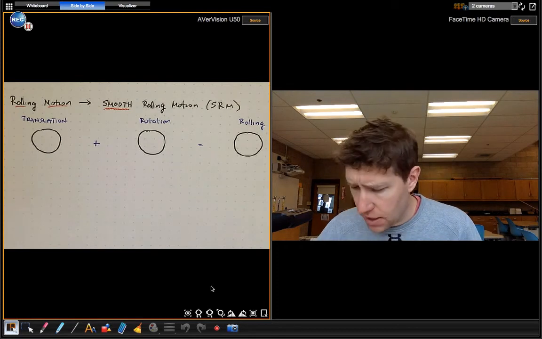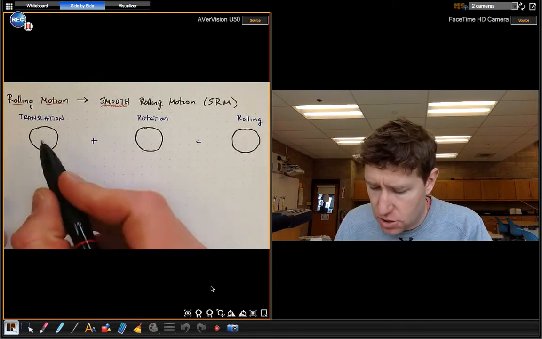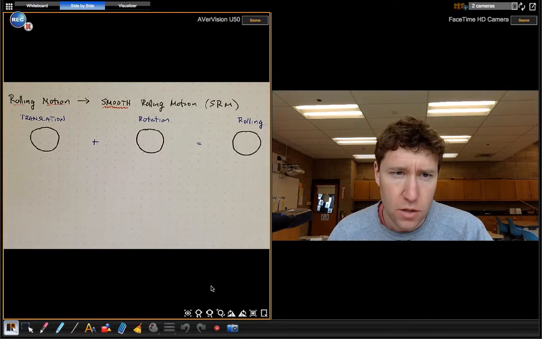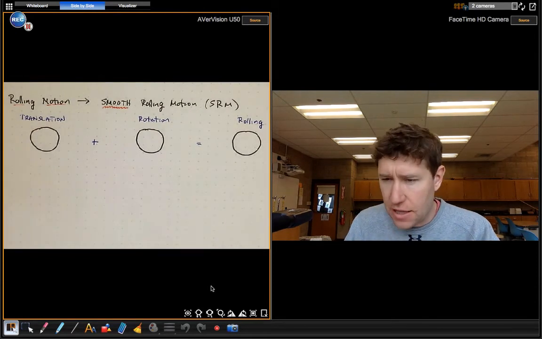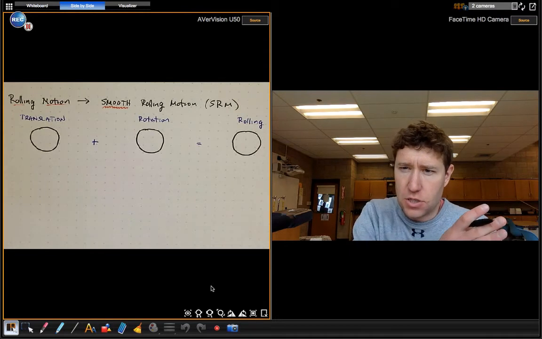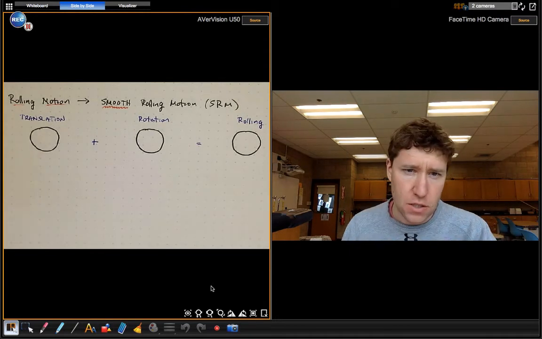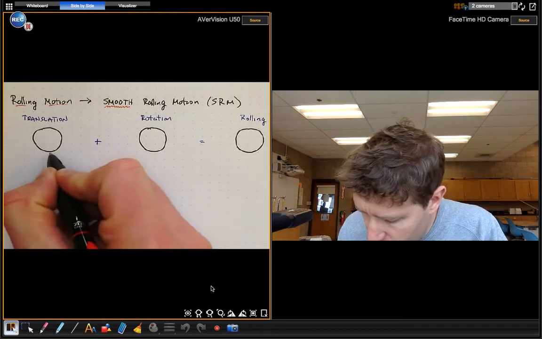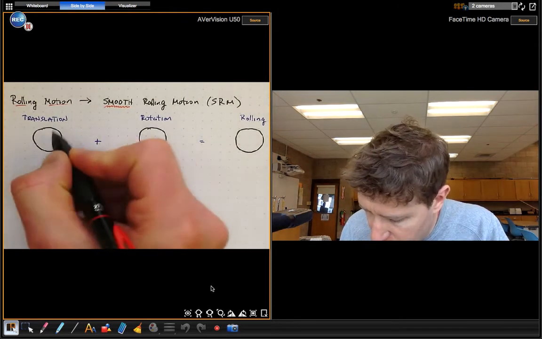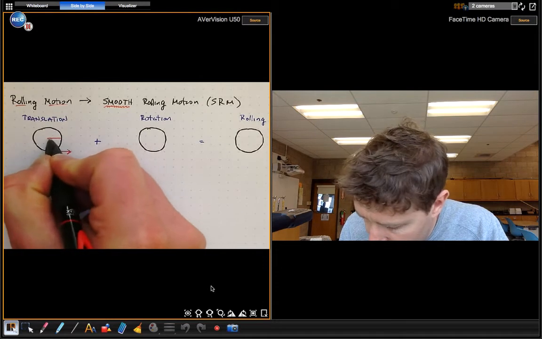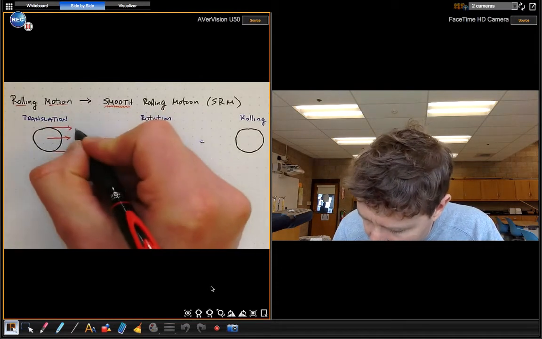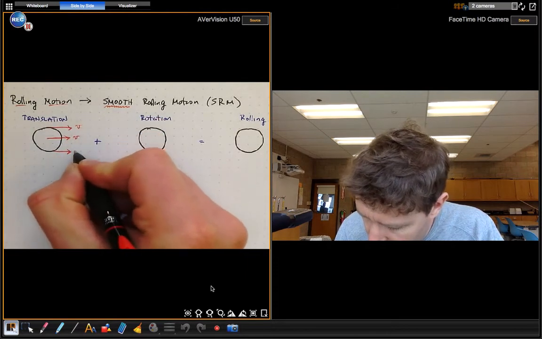The way we might think about this is to imagine a hoop, like a bicycle wheel. If it were translating, imagine a hoop that's just sliding on a frictionless surface, so there's no rotation whatsoever. It's merely sliding. Every single point along the hoop would have exactly the same velocity, v, v, v, v.